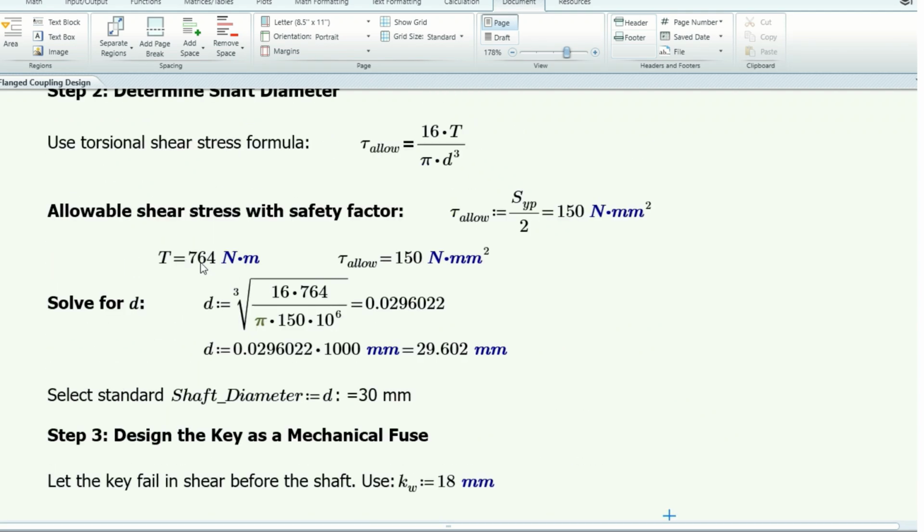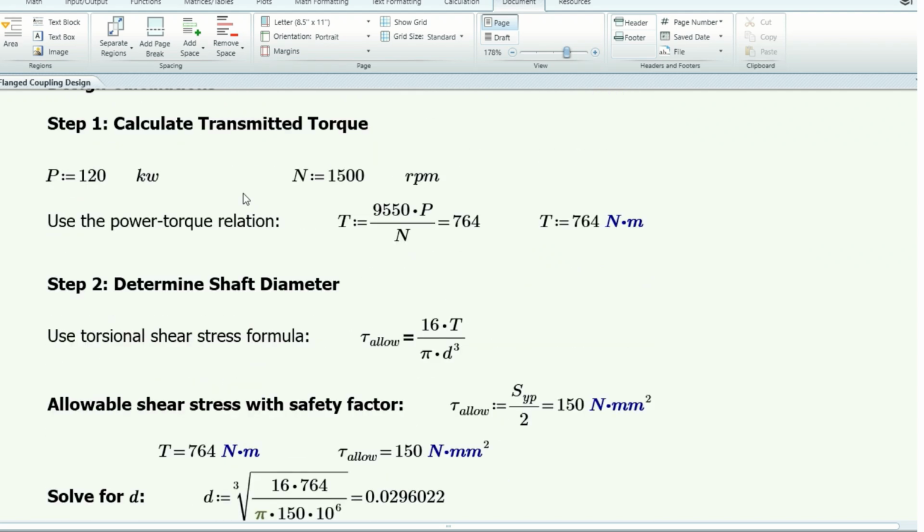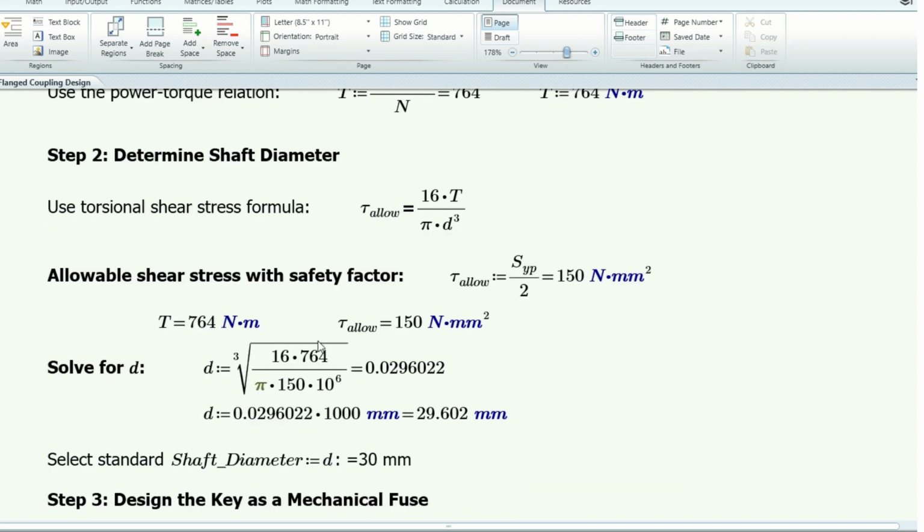The T is the torque allowable, I mean the maximum torque which is acting on the shaft at the speed and RPM to transfer the power of 120 kilowatt.